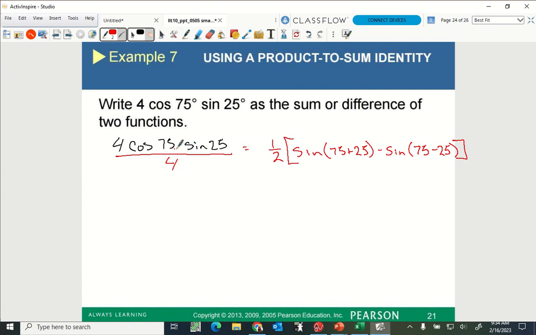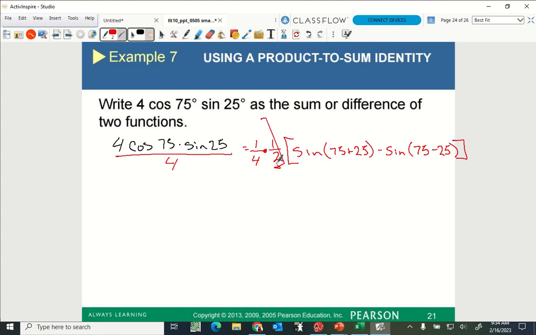So if I'm dividing this by 4 over here, what am I doing to this side also? Dividing it by 4. But I'm going to make the math a little bit easier. Dividing by 4 is the same as multiplying by 1 over 4, yes.